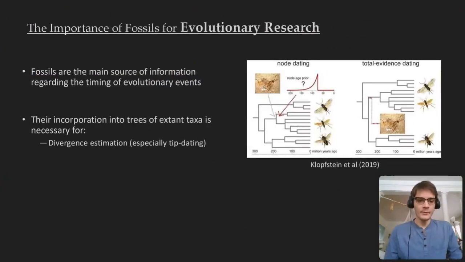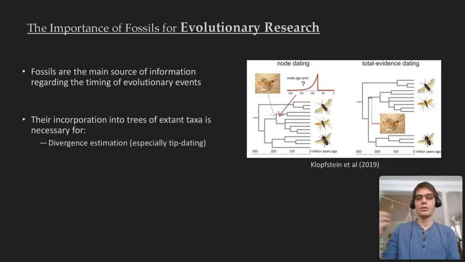So let's start. Fossils are the main source of information regarding the timing of evolutionary events, and as such, they play a crucial role in understanding evolutionary history, especially at deeper timescales. Now, technically, exploring evolutionary history can be done using data exclusively from living organisms, as well as some sort of understanding of their phylogenetic relationships.